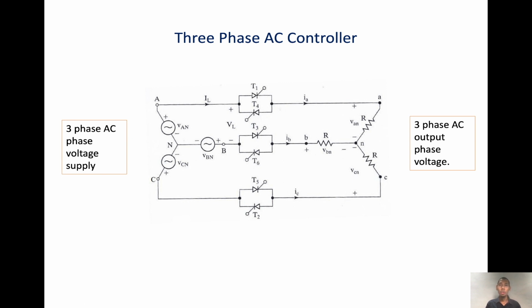How are we going to look at the output wave? The first scenario is when the firing angle is 0, where we can replace the thyristor with a diode. When the firing angle is 0, the thyristor functions as a normal diode.